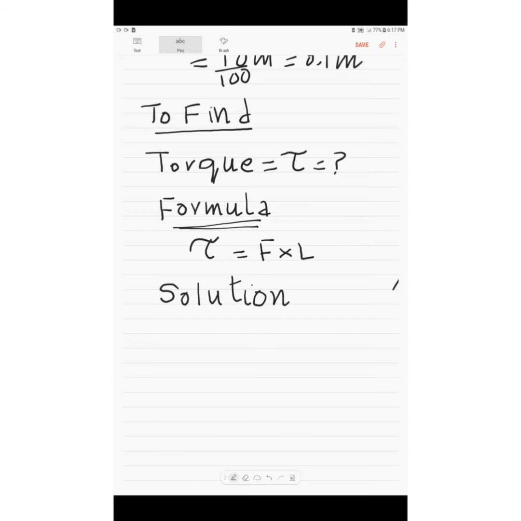Solution, underline it. Write down the formula again. Tau is equal to F into L. Now put the values. Tau is equal to F is 100 Newton and L is 0.1 meter. So tau is equal to 10 Newton meter.